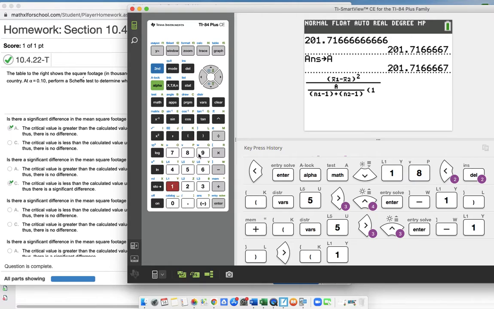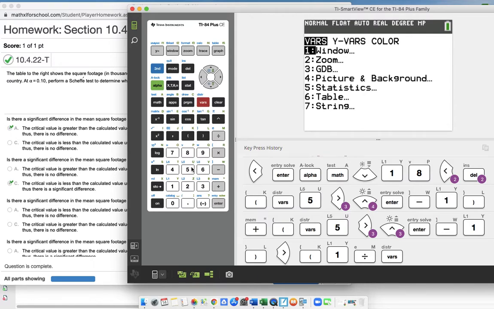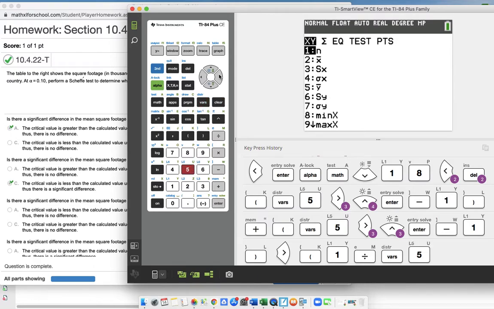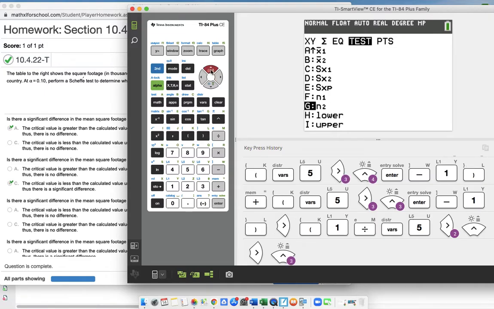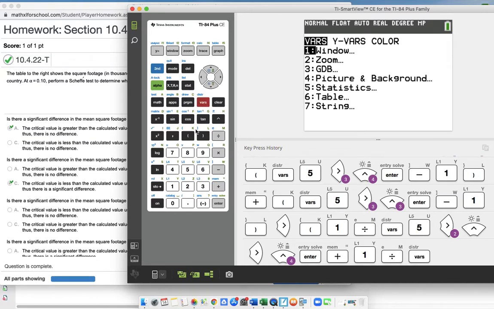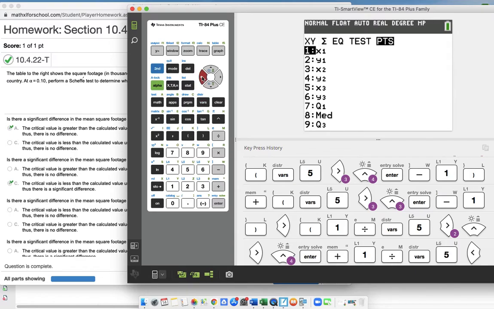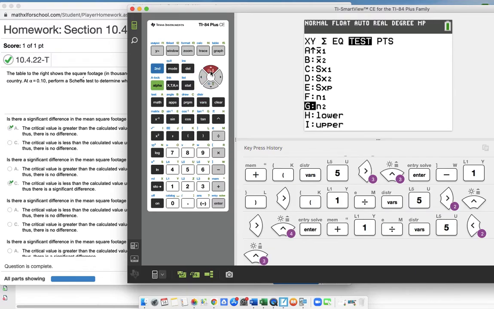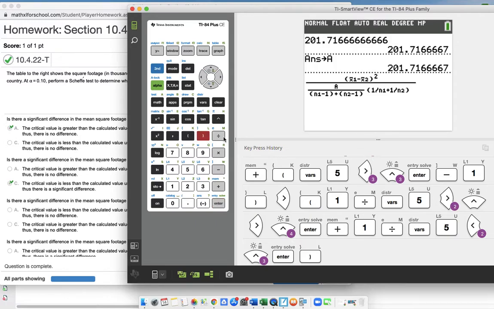We add 1 divided by the sample size of the first one, plus 1 divided by the sample size of the second one. That seems like a lot, but now that I have that all in there, I can just keep using this exact same formula. All right, so this is the Scheffé test.